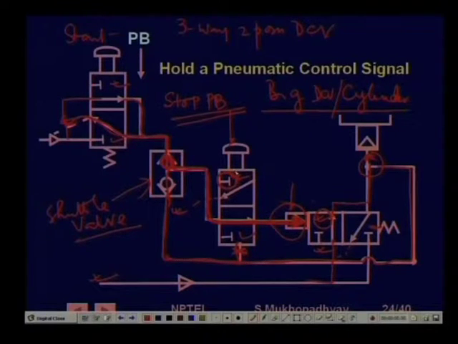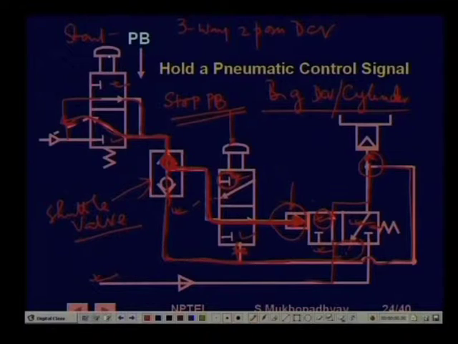This is a normal 3-way 2-position valve. So, the pressure will go here and this valve will now shift to this box, which means that this pressure will now drain to exhaust. The moment this pressure drains to exhaust, this is no longer in this position, but it is free.